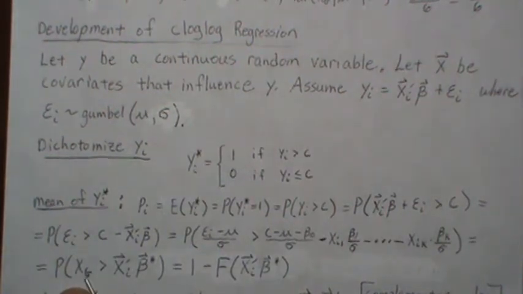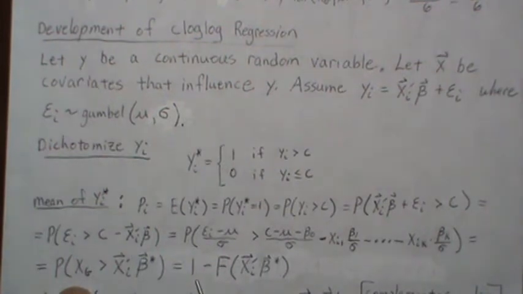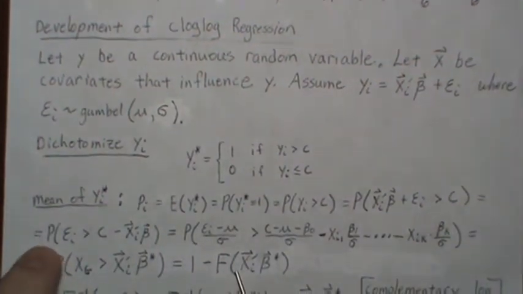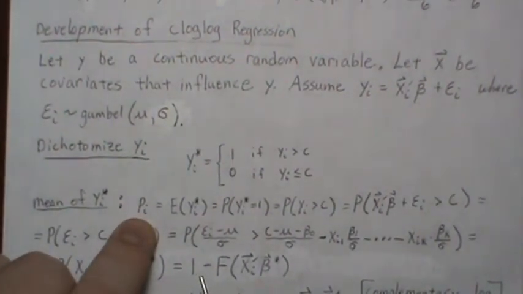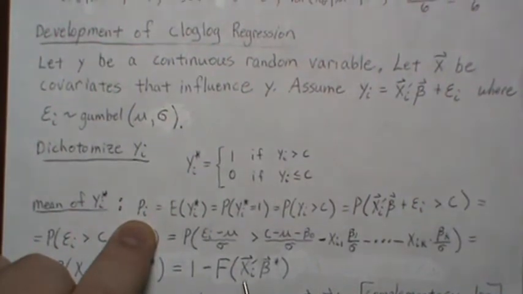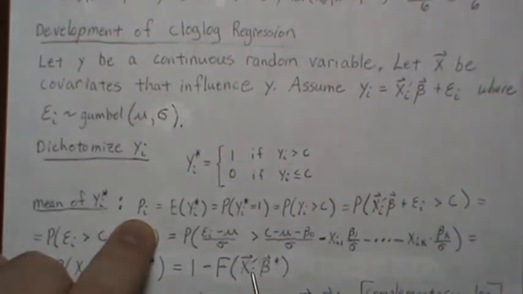Now, since this is the probability of being greater than some number, that's 1 minus the CDF, or the survival function. Okay, so now we have P modeled as 1 minus F, capital F, of this linear combination.